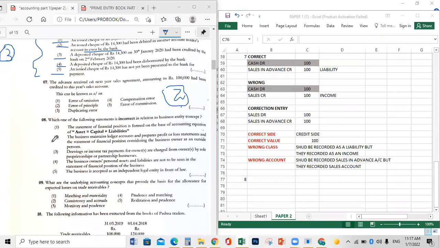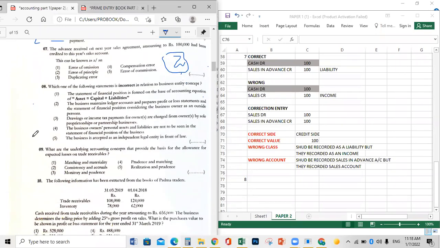No, wait. Salika, check again. Lamha, check again. Hajar, Zainab, check again. Others, correct answer. Guys, don't just come to a conclusion. Read all the answers. Before you come to a conclusion, make sure you read all the answers. If you're done with the 8th one, try the 9th one and 10th one.